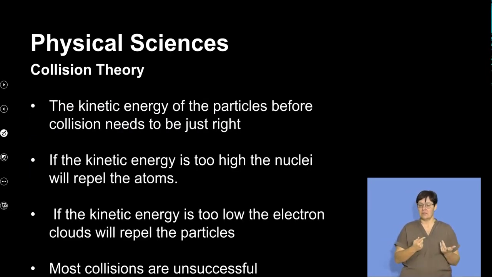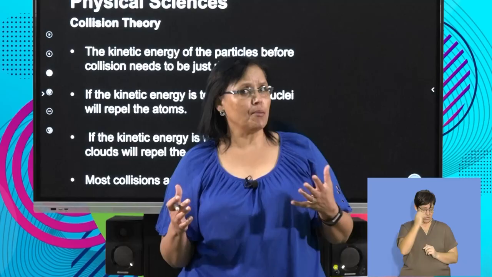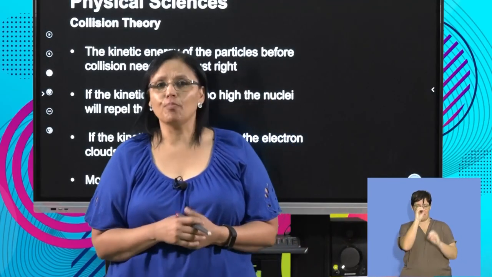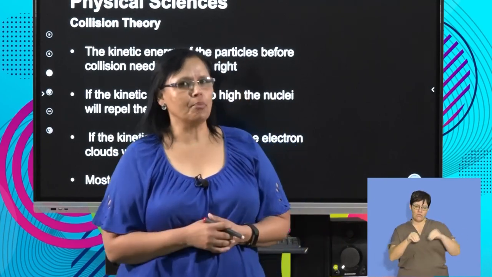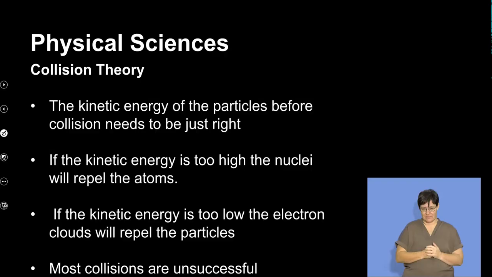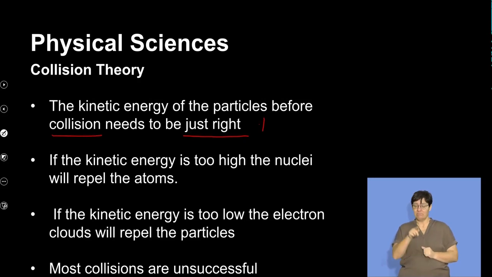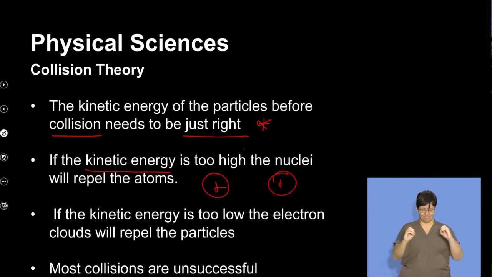So this brings us to the collision theory. Remember, all matter is made of particles, particles that move, and that movement depends on the temperature. So the kinetic energy of the particles before the collision must be right. This is important. If that kinetic energy is a bit too high, if we have two atoms, the positive force from the nucleus will start to repel each other.